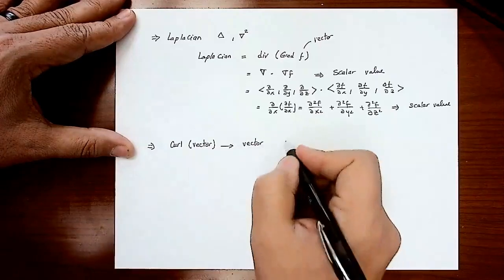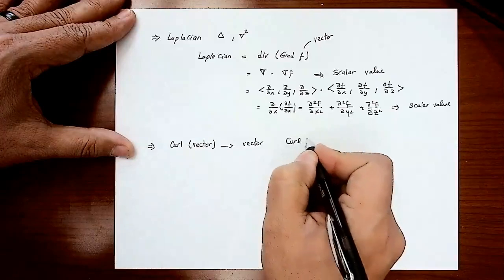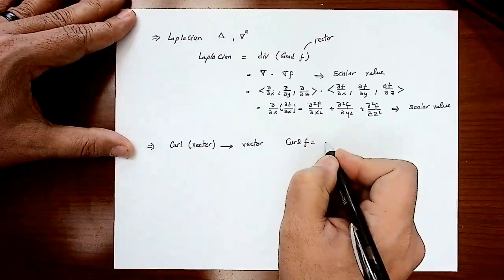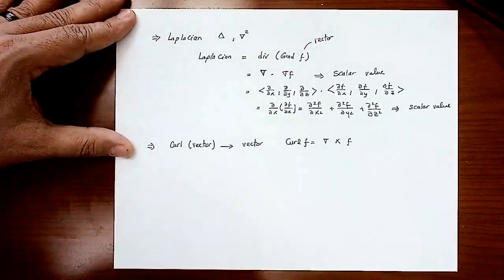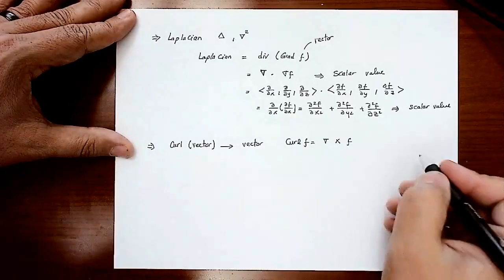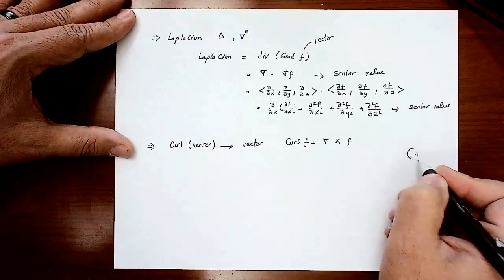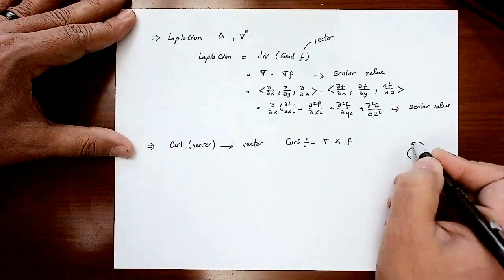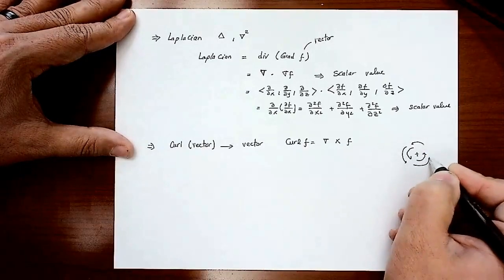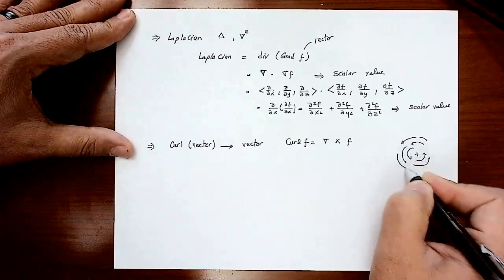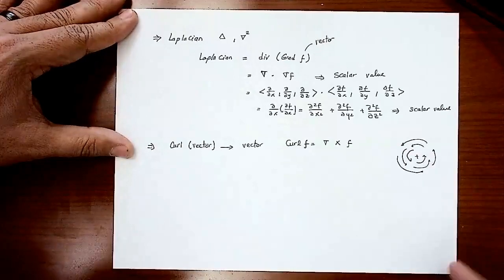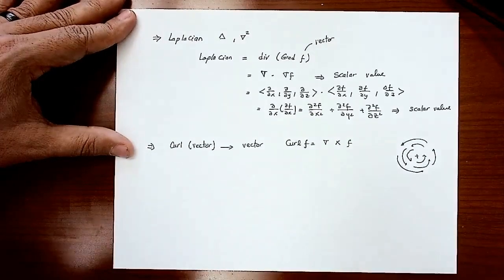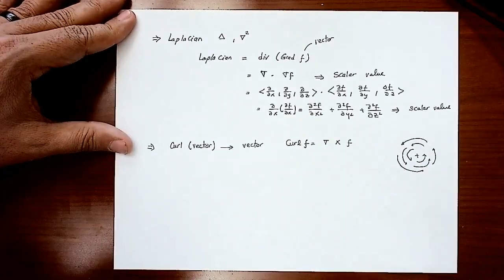The curl is the cross product of nabla with that vector, and the curl gives us information about the rotation of the fluid. For a specific sign of the curl, you may get the sensation of the fluid circulating clockwise or anti-clockwise. That's the beauty of the curl. It tells us about the fluid rotation.